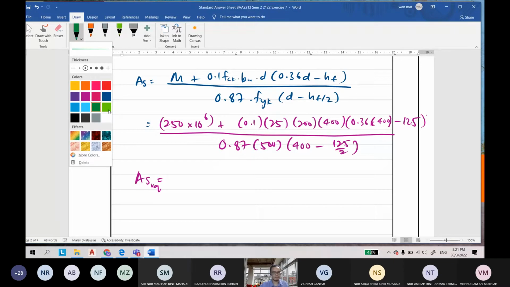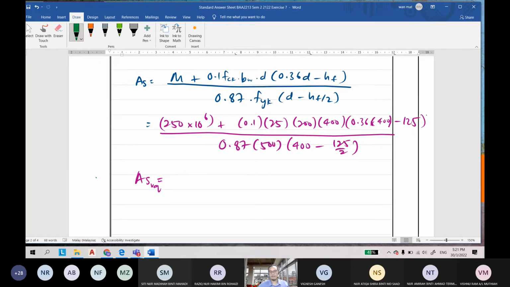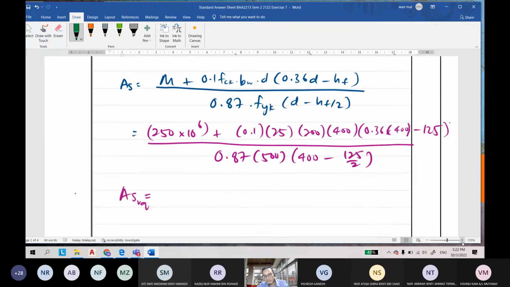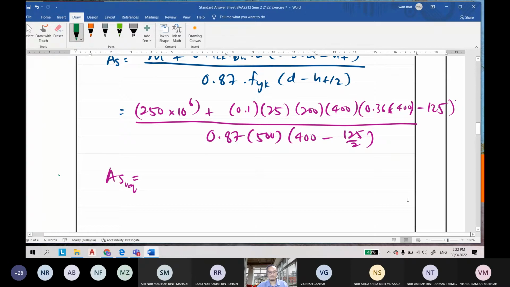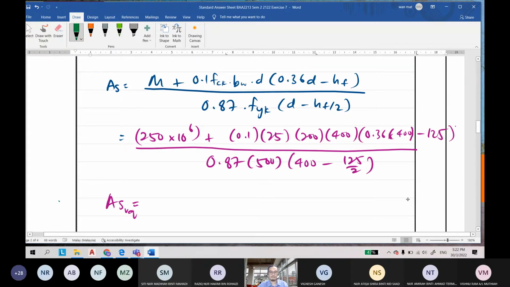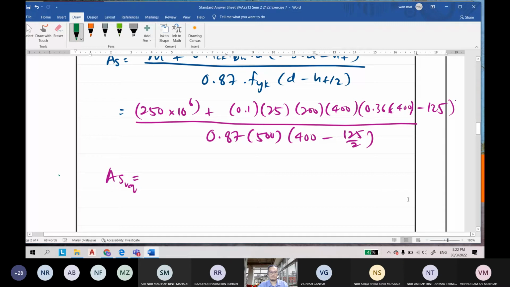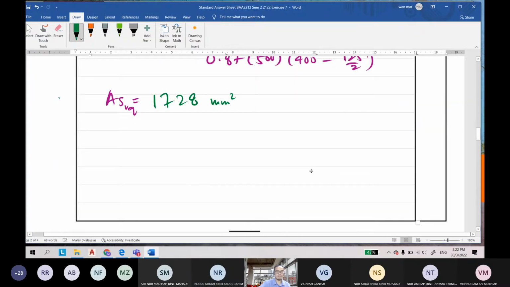Anybody have the answer? 1728. Okay, good, 1728 mm square. So what can you propose?